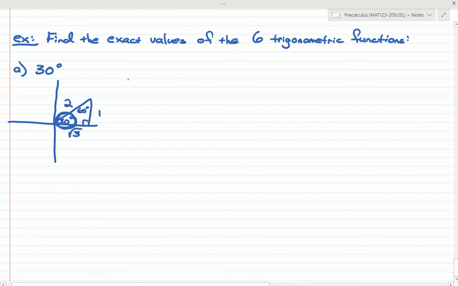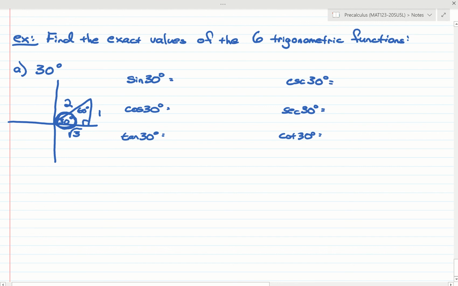So to figure out the sine of 30, we're going to be using the reference angle 30 degrees. I'm used to writing theta, but the reference angle we are using is 30 degrees. No matter what angle you're given, you always use the reference angle to figure these out.